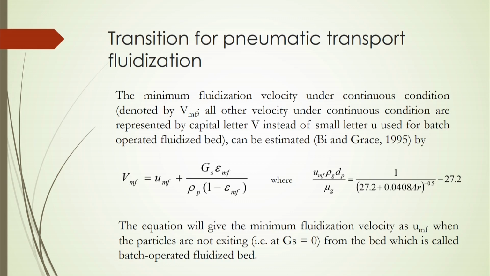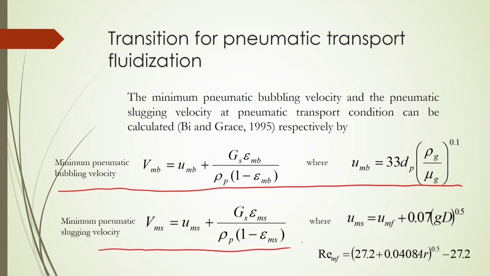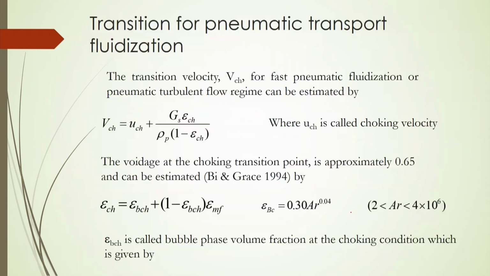The minimum fluidization for pneumatic transport condition you can get from this equation here: minimum pneumatic bubbling condition here, minimum pneumatic slugging condition also here. So, this is the transition for pneumatic transport fluidization, from which you can calculate the choking velocity in the pneumatic transport condition.